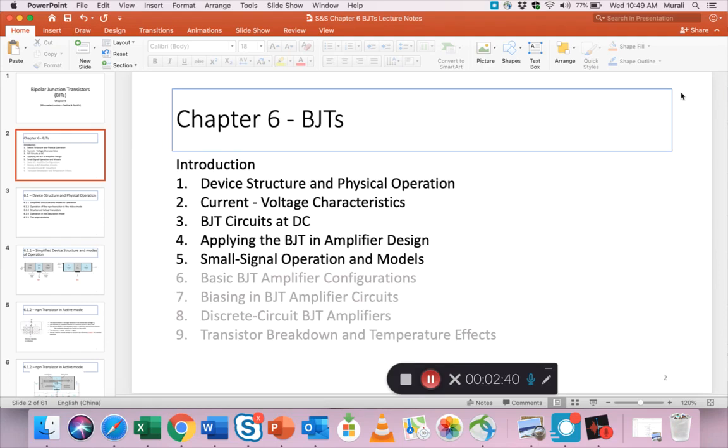Moving on to slide 2, this is where you can see all the sections in this particular chapter. We have a total of 9 sections, but luckily for you, or unluckily depending on how eager you are to learn all this material, in this class, EE 280, I only have to do the first 5.